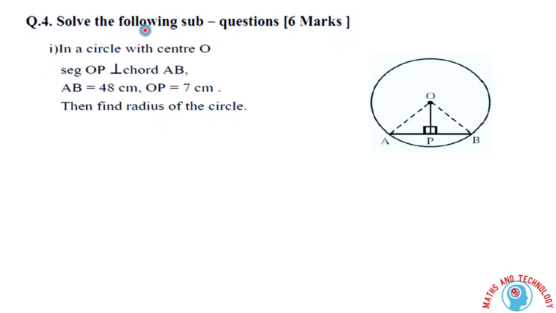Question 4. Solve the following sub questions, 6 marks. In a circle with center O, segment OP is perpendicular to chord AB, AB equals 48, OP equals 7 cm.